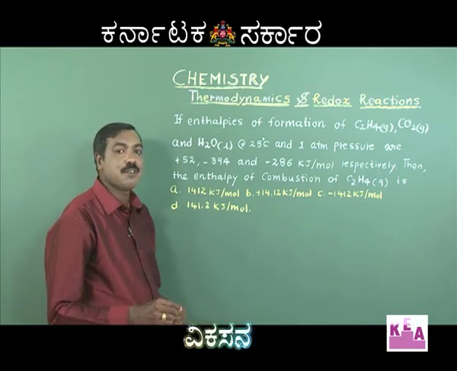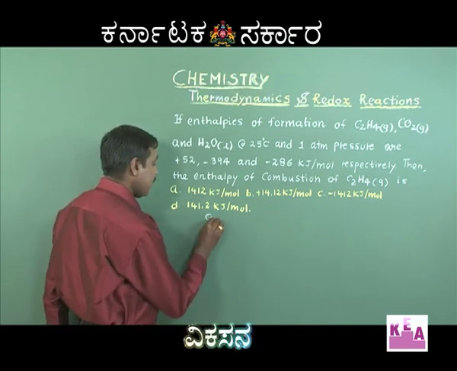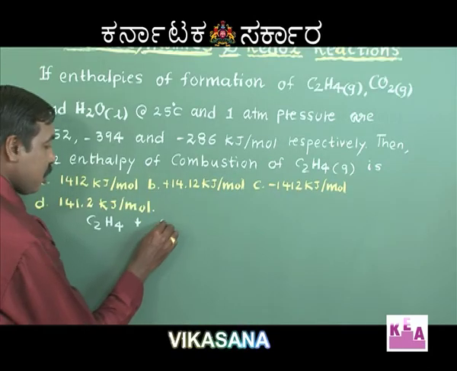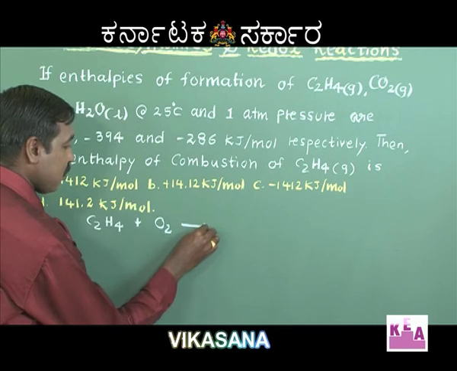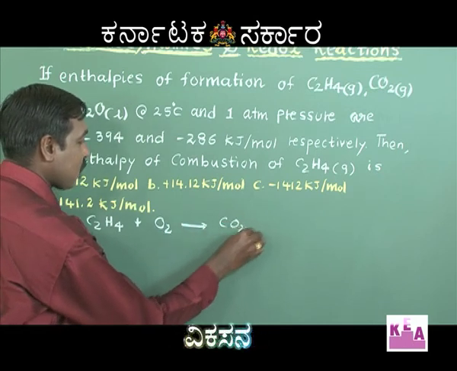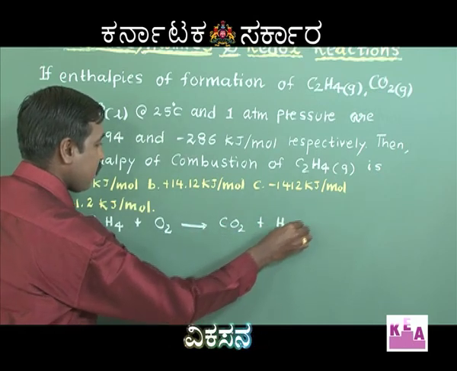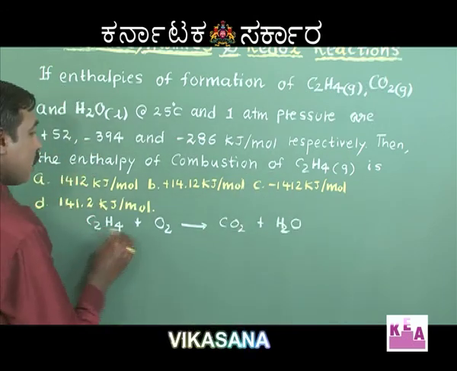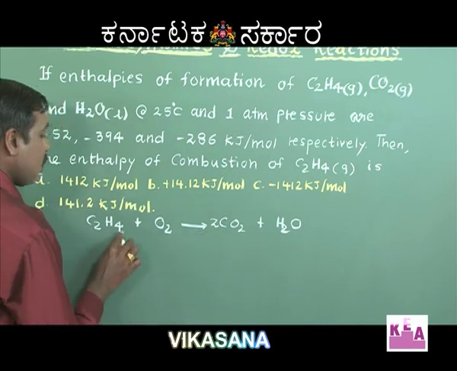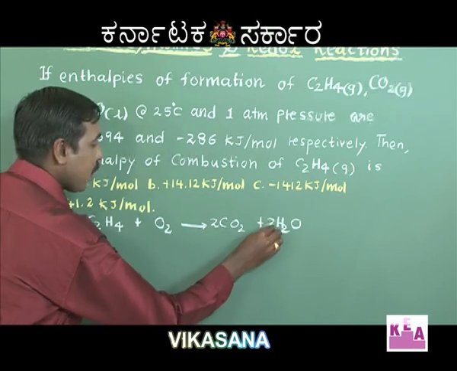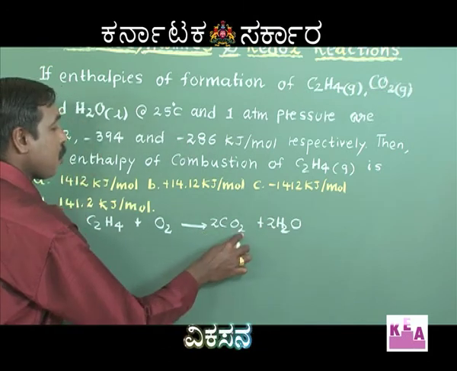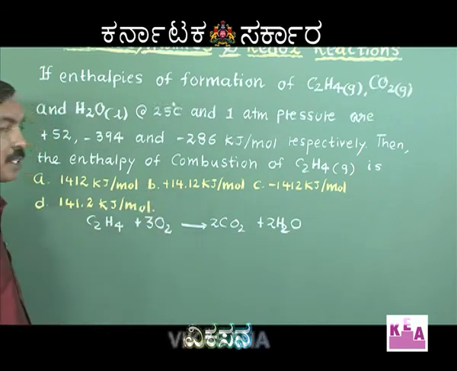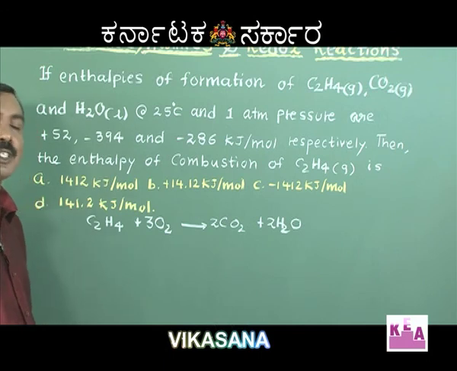For combustion of ethene, C2H4 undergoes combustion reaction with oxygen, and I get carbon dioxide and water. Balancing this equation, carbon 2 times, I write here 2, hydrogen 4, make it 4. Oxygen: 2 into 2 is 4 plus 2 is 6, therefore 3 into 2 is 6. So, my required equation is ready.